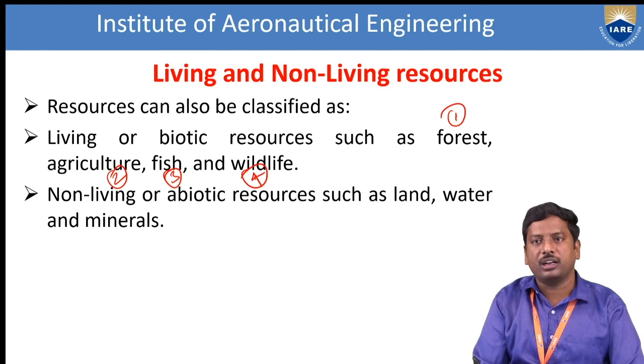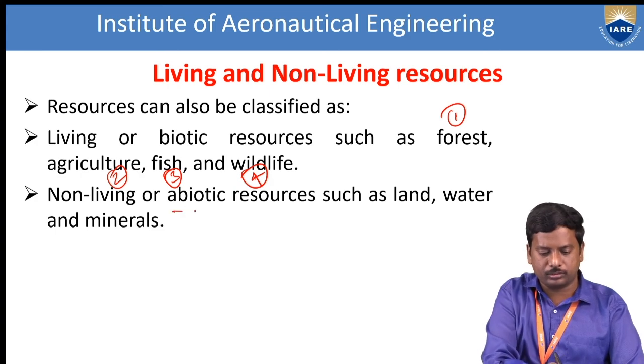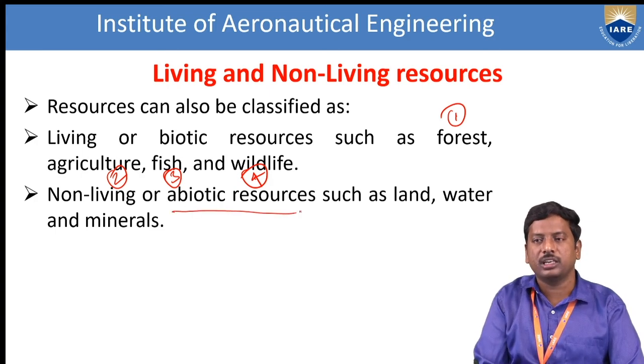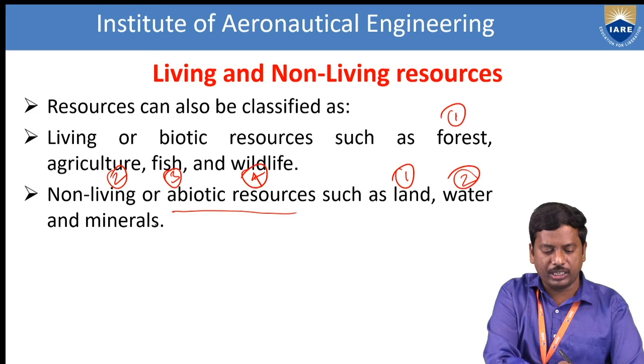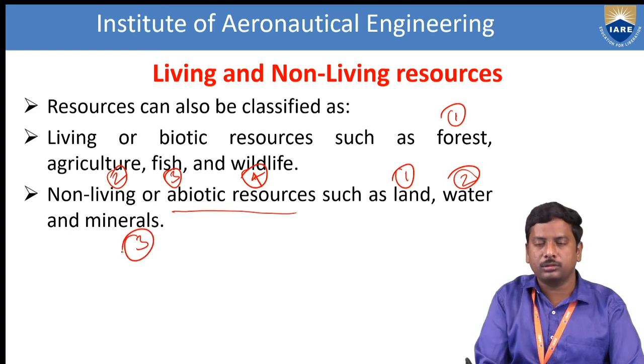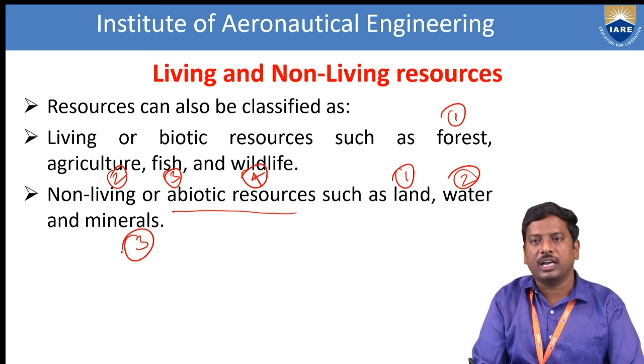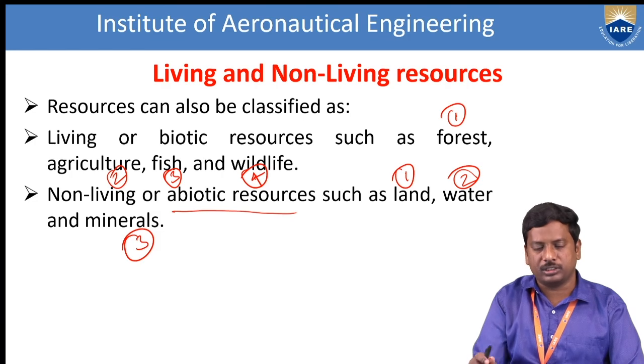And coming to non-living or abiotic resources, such are land, water, and minerals. So these three examples are the best examples for non-living or abiotic resources. So this is about living and non-living resources.